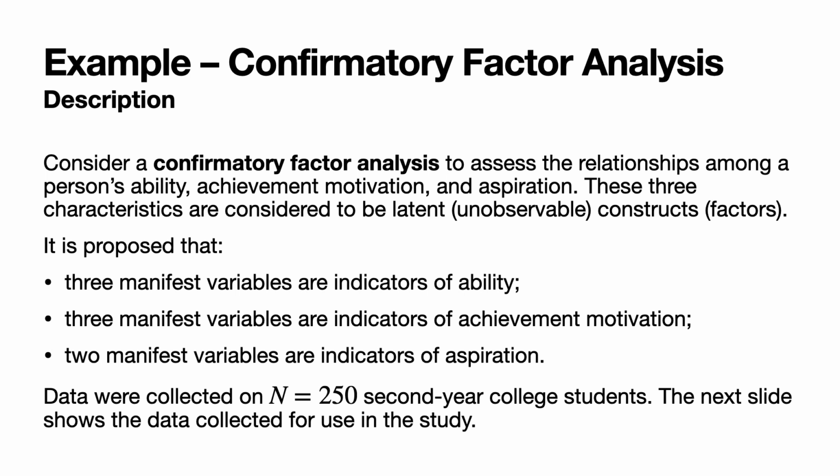Now, it is proposed that three manifest variables are indicators of ability, three manifest variables are indicators of achievement motivation, and two manifest variables are indicators of aspiration. Data were collected on 250 second-year college students. The next slide shows the data collected for use in the study.